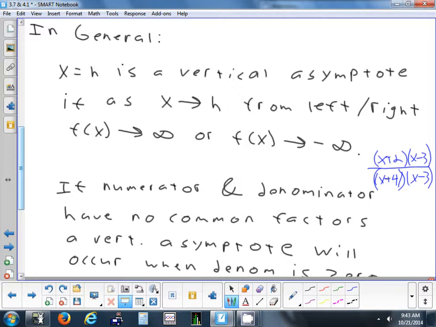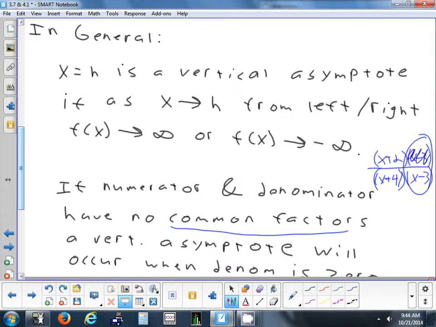You might be saying, it looks like there are two undefined values, -4 and +3. And that's true. Only -4, though, is going to end up being an asymptote. The reason? x minus 3 is a common factor in the top and the bottom. This is going to cause a hole in the graph at 3. There won't be an asymptote.